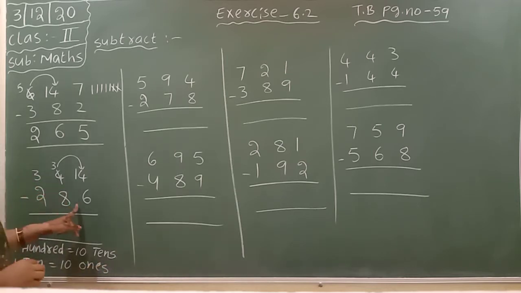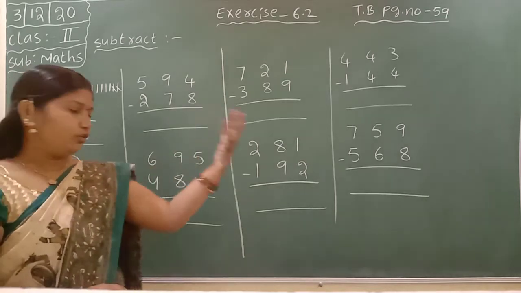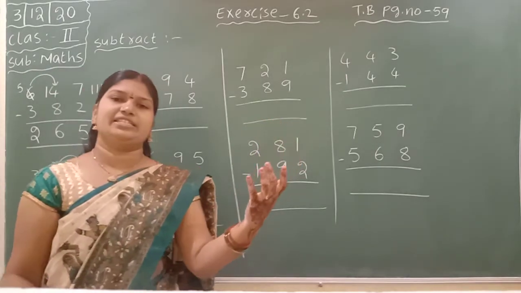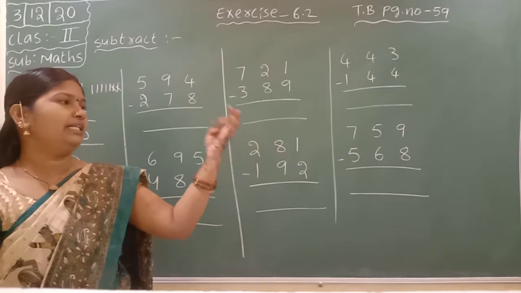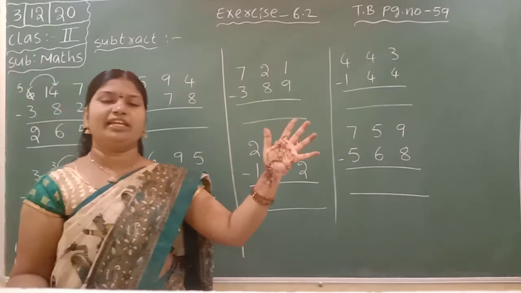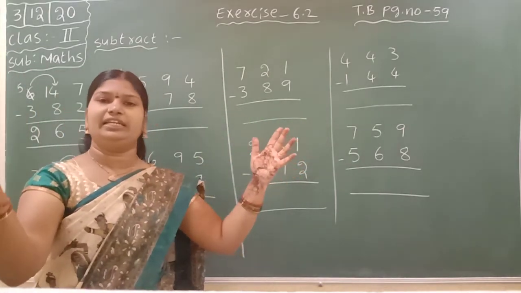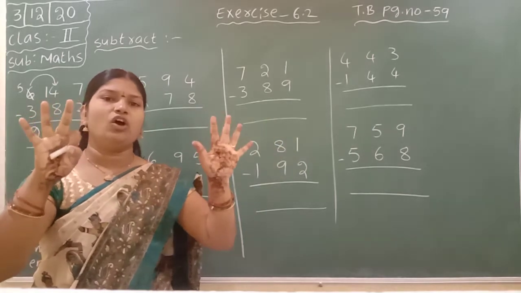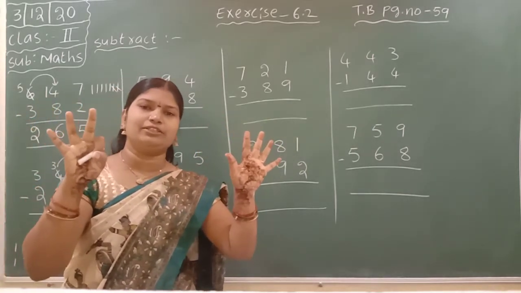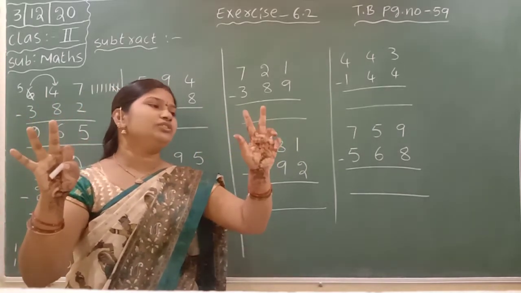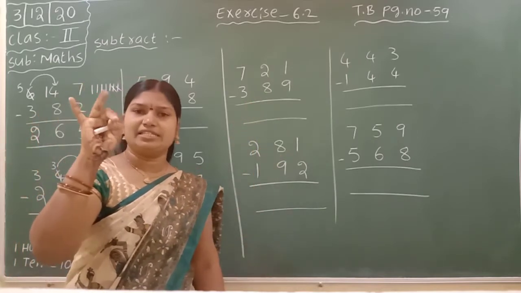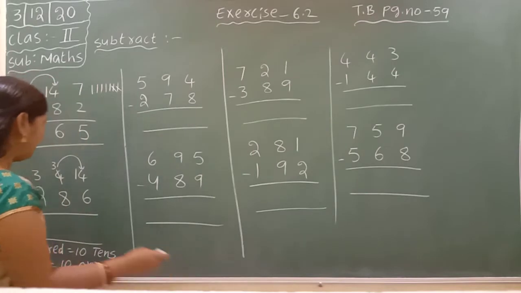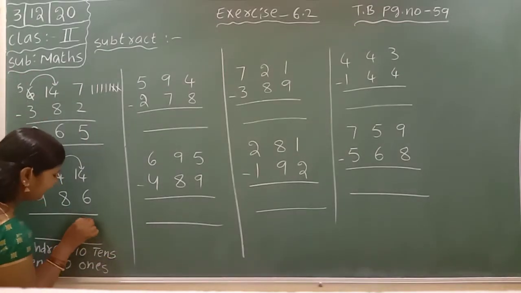Now 14 minus 6. 6 after, count up to 14. 6 after: 7, 8, 9, 10, 11, 12, 13, 14. How many fingers did I open, children? Count once. 1, 2, 3, 4, 5, 6, 7, 8. Write 8 down in the ones place.